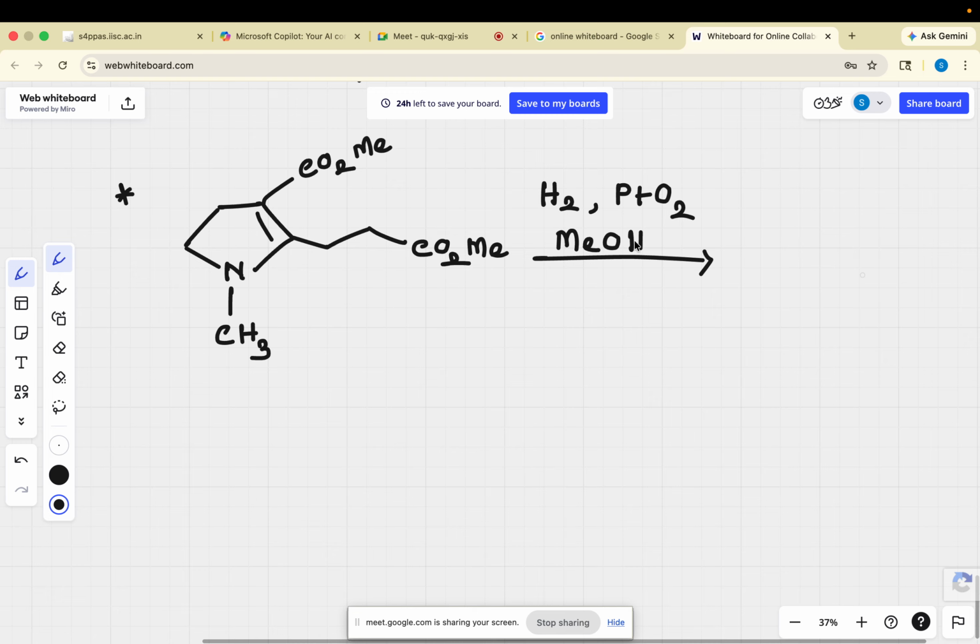What is the name of this reagent? Hydrogen, platinum oxide, methanol. Adams catalyst.